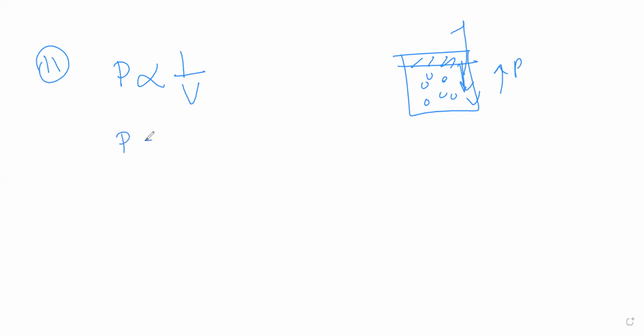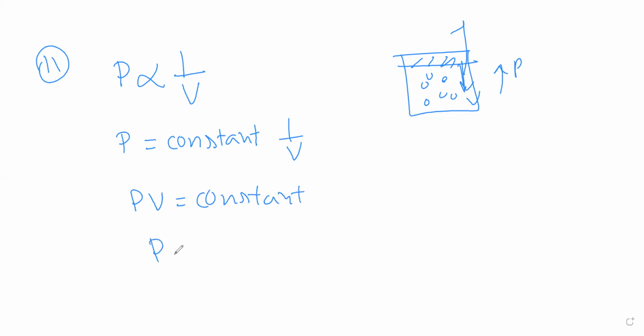And this we can write as a constant term over 1 over V, volume. Now we can write PV equal to constant. That means if we have different P1, V1, P2, V2, we can write P1 V1 equals P2 V2 like this. Suppose an object has pressure 10 kilopascal and volume 2 liter.